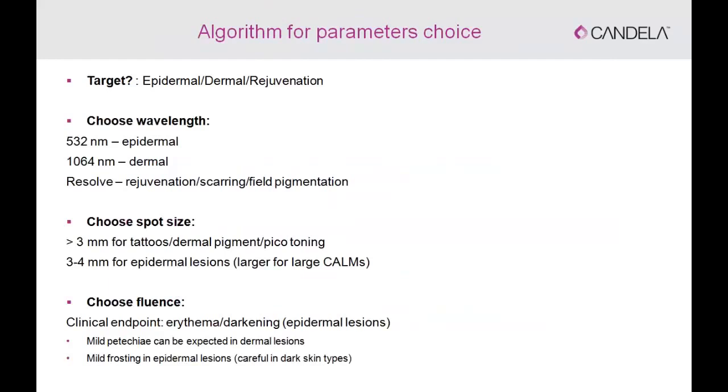The clinical endpoint, I think, is particularly important as well. For most treatments for pigmentation or rejuvenation, you're looking at erythema, uniform erythema in the treated area, and for epidermal lesions, darkening. When treating with the 1064 for dermal lesions, you can sometimes expect some mild petechiae, but generally try to avoid a lot of petechiae, particularly in darker skin types.